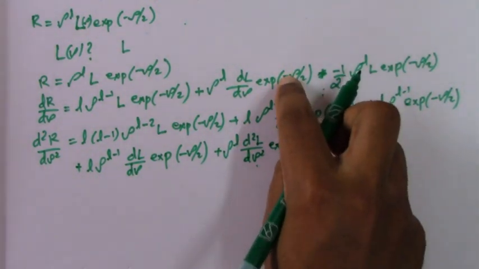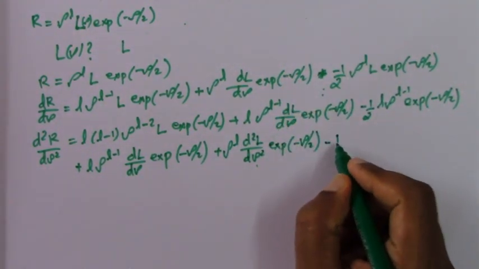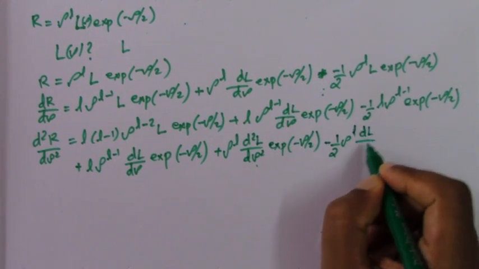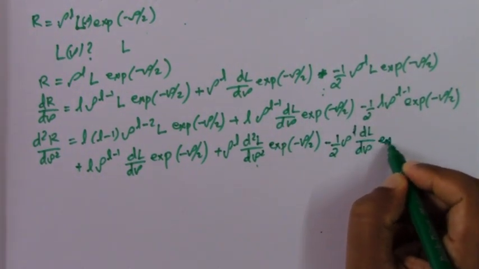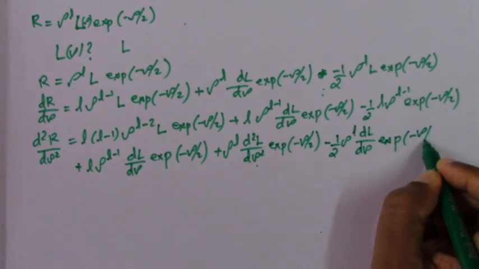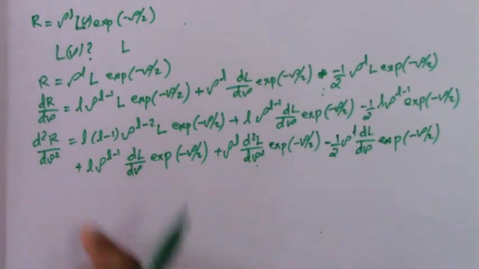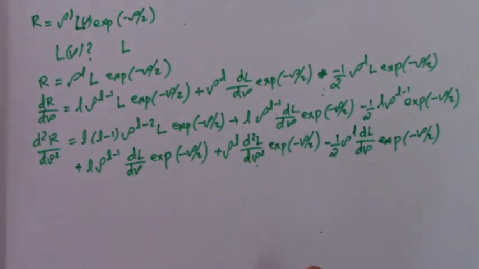Therefore we will have a minus 1 by 2 from here: minus 1 by 2 rho raised to L dL divided by d rho exponential minus rho divided by 2. We are done with the second term and now we are going for the third term.